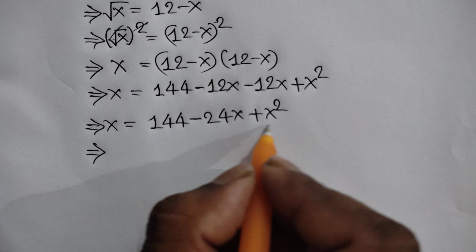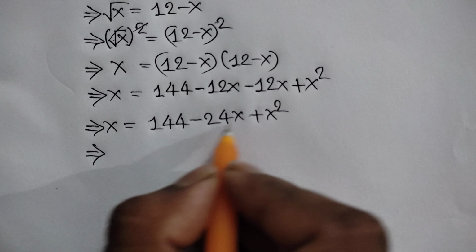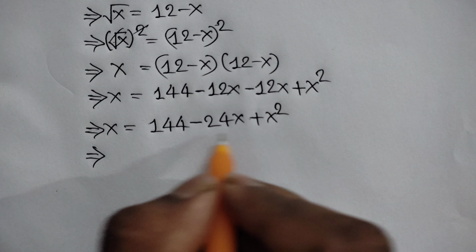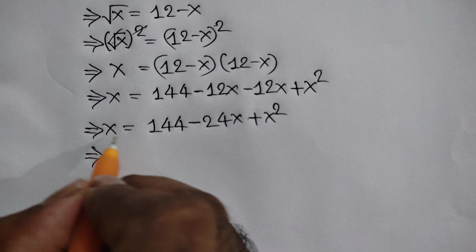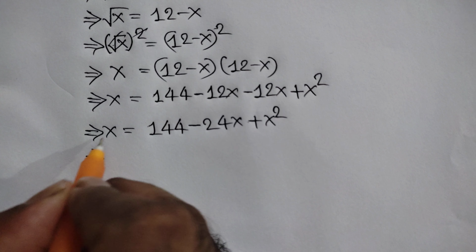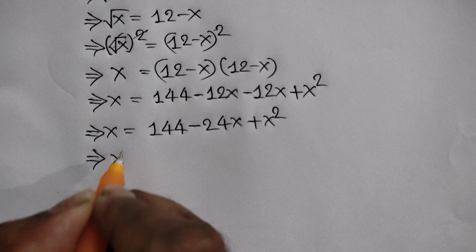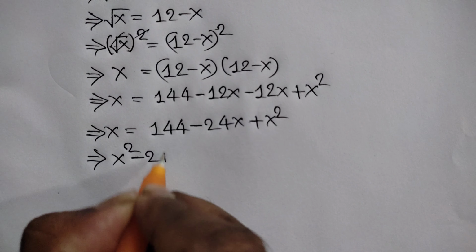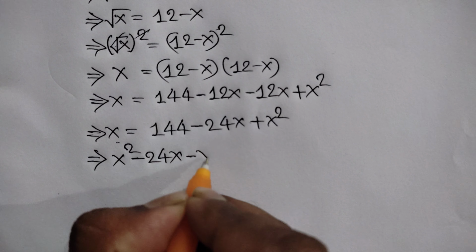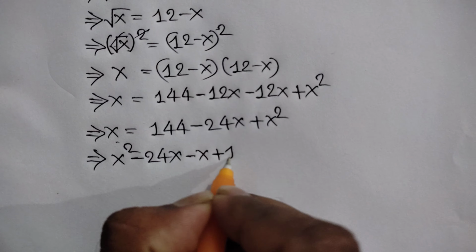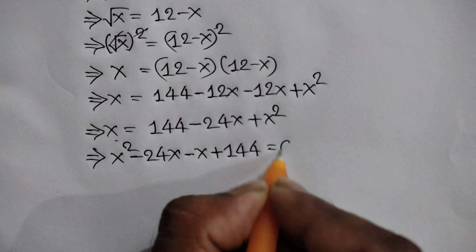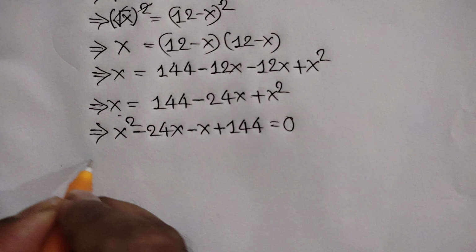Now taking this right side to the left side, and taking this x to the right side and changing sign, we can write here x square minus 12x minus x plus 144 is equal to 0.